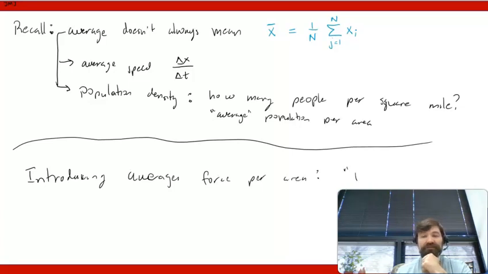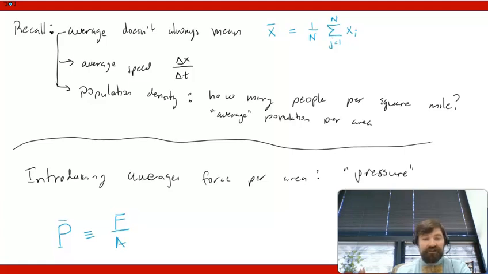That is what we mean by pressure. So pressure is how much force per area the fluid applies. The definition for pressure is force over area.